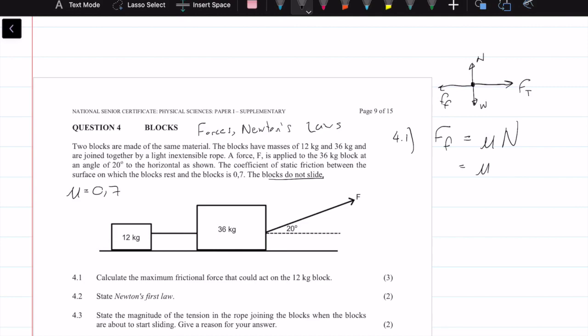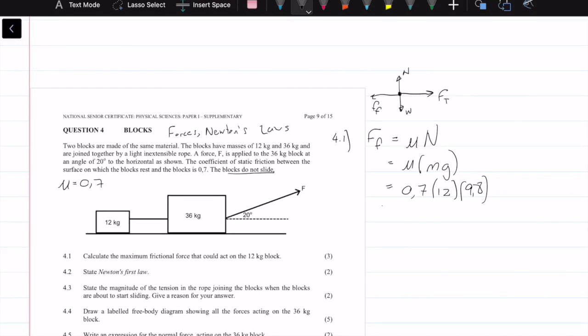So our normal force is equal to mass times gravity, mg. So our force friction is equal to 0.7 times mass, which was 12 kilograms, times g, which was 9.8, our gravitational constant, and we can calculate the force friction is equal to 82.32 newtons. It is a vector, so we should say left. So 4.1 we get 3 marks.